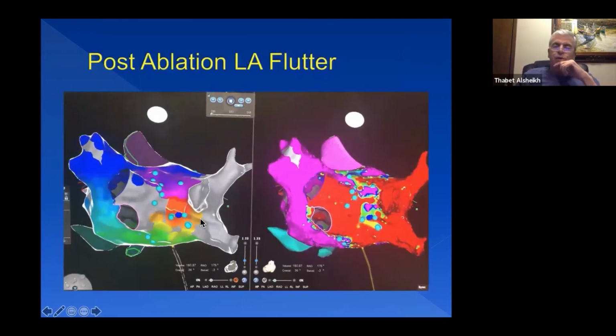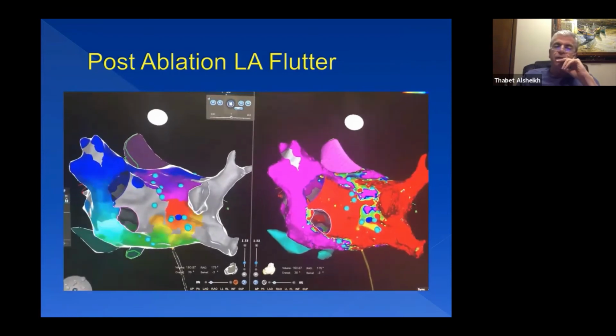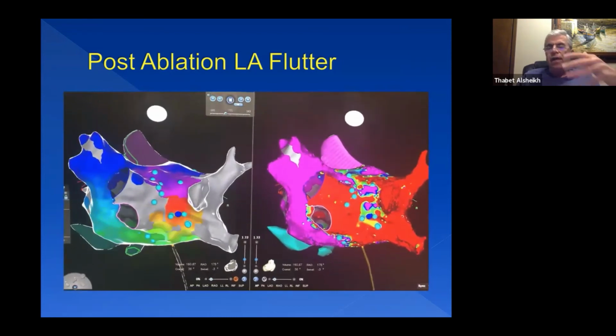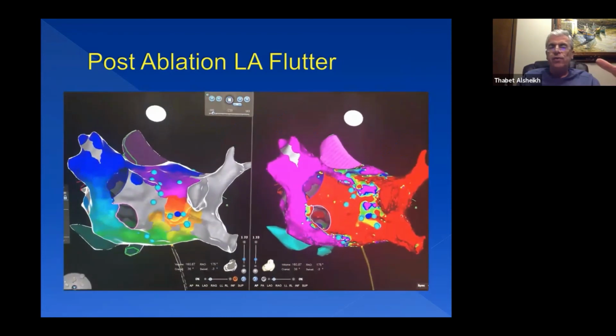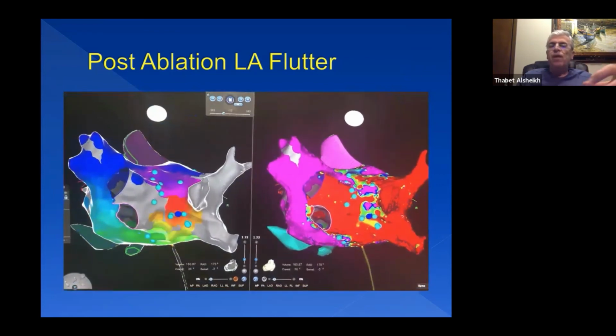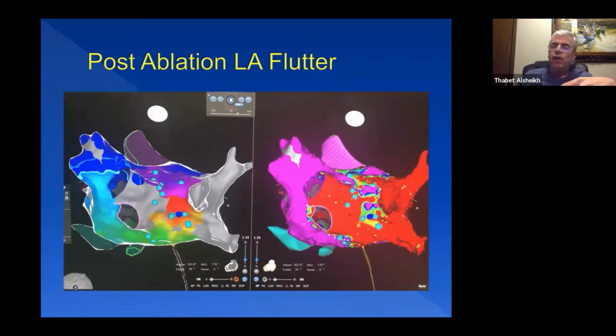Now, as you all know, most of the ablations we do are related to atrial fibrillation. As a result of us creating lines of scars and areas and islands of dead tissue, electrically dead tissue, we sometimes create the substrate for causing atrial flutter.